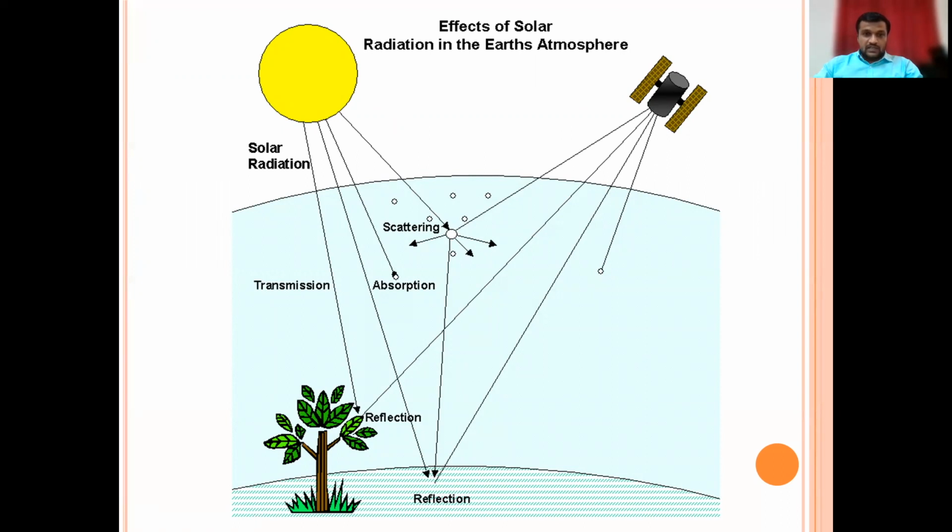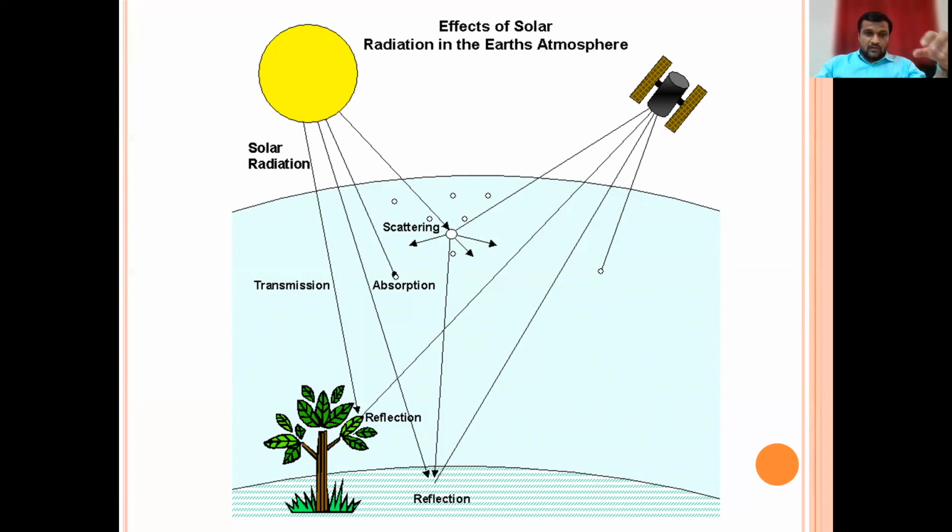Whenever the solar radiation coming from the sun interacts with the ground, before reaching the ground it is scattered by the atmospheric gases and particles, or it may be absorbed. Because of absorption, the radiation coming from the sun will not reach the earth's surface, but the energy which is scattered by the particles will be redirected into a different path, and this will reach the earth's surface.